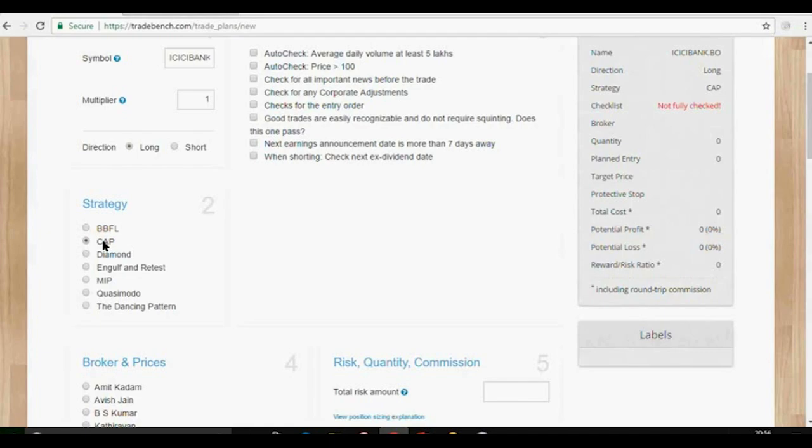I cannot allow myself to trade anything else. So whenever you are identifying a trade and entering the trade, say I am identifying an ICICI Bank trade. I have written ICICI Bank, and it is there. There I'm taking a long trade, and I have identified that this is a cap. So once I identify this is a cap, I know that I have a strategy for that.